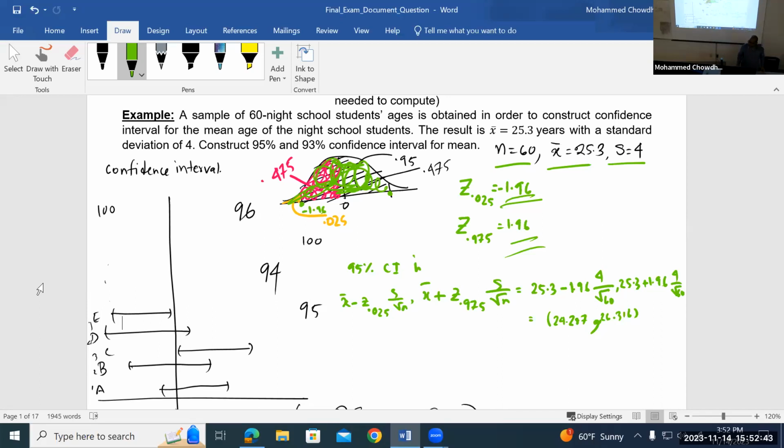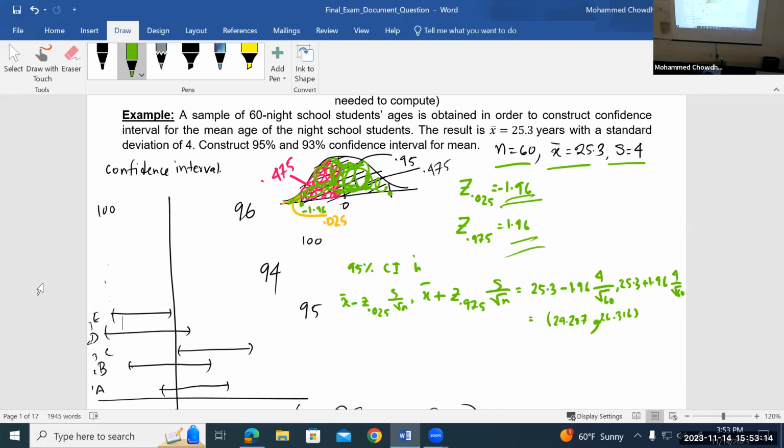When you do a job and they ask you to find the confidence interval of the ages of the people who are using our credit card, understand? This is your business major, right? If you work at JP Morgan or Wells Fargo, they will ask you to find the confidence interval of the age of the customers who are using our credit card. So this is the way you have to find the confidence interval and report to the audience.